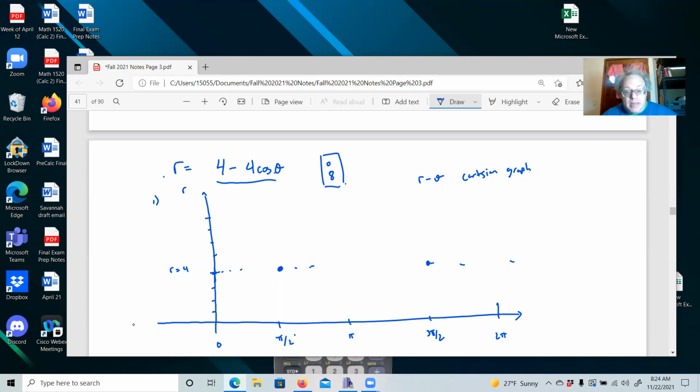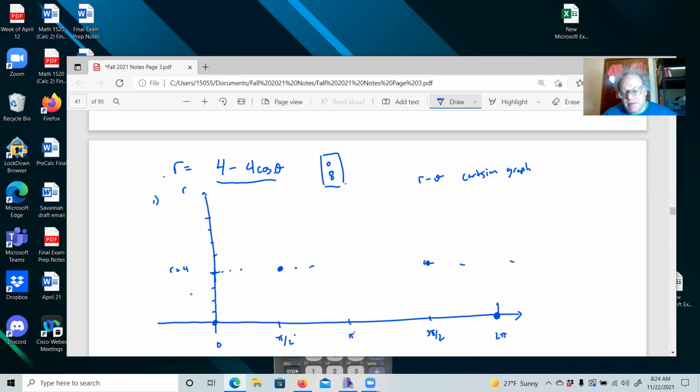Now, if I put in 0, the cosine of 0 is 1, and 4 minus 4 times 1 is 0. The same thing is going to happen over here at 2 pi.